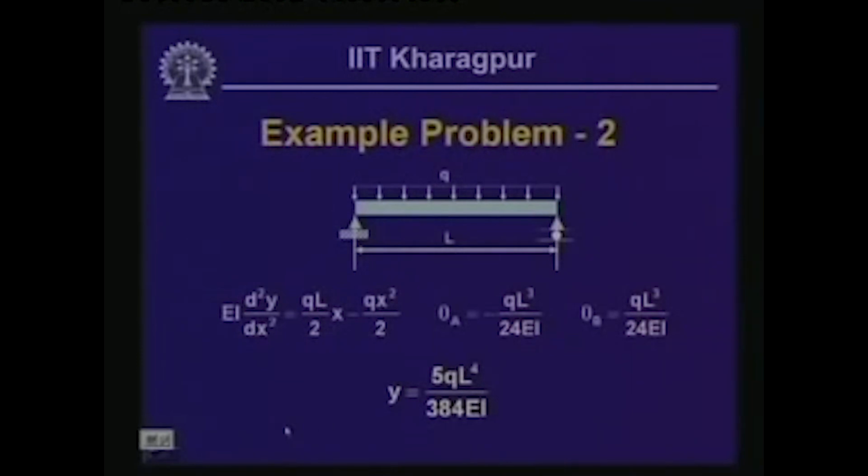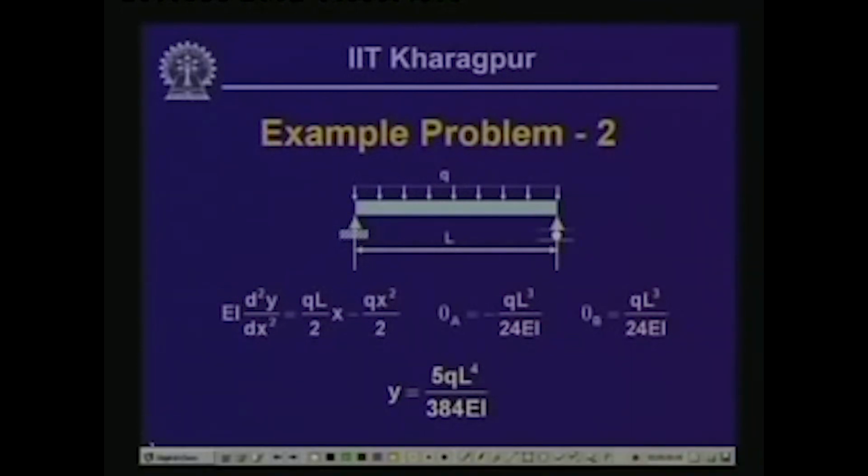Now, let us look into another example, which in fact we had solved last time, wherein the loading is uniformly distributed over the entire span of the beam. If you remember, we had started with the differential equation of the elastic curve, which is EI d2y dx2 equals the moment, and the moment we had computed at any cross section at a distance of x from the left support.